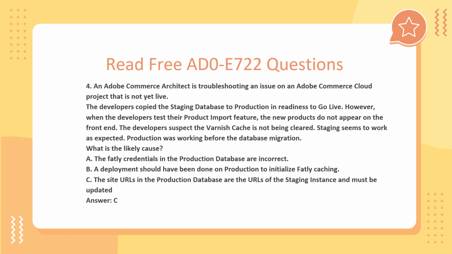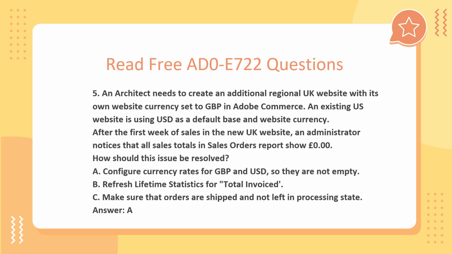What is the likely cause? A. The Fastly credentials in the production database are incorrect. B. A deployment should have been done on production to initialize Fastly caching. C. The site URLs in the production database are the URLs of the staging instance and must be updated. Answer: C.